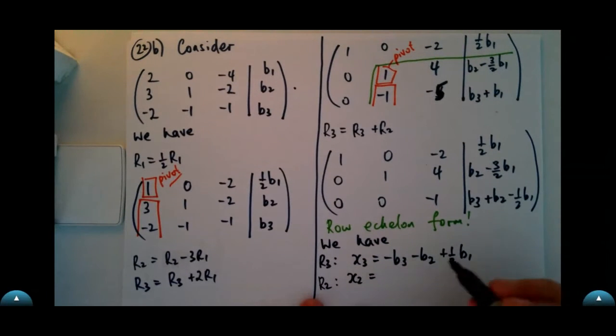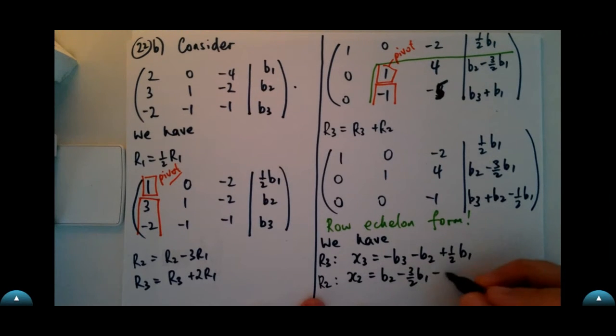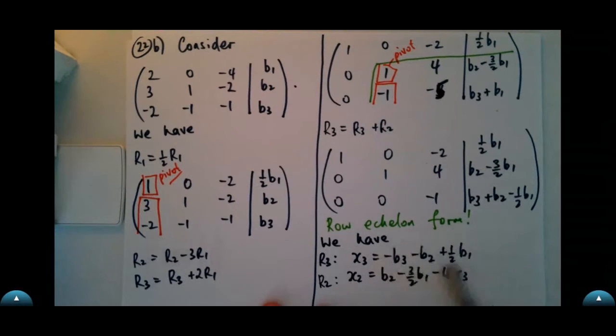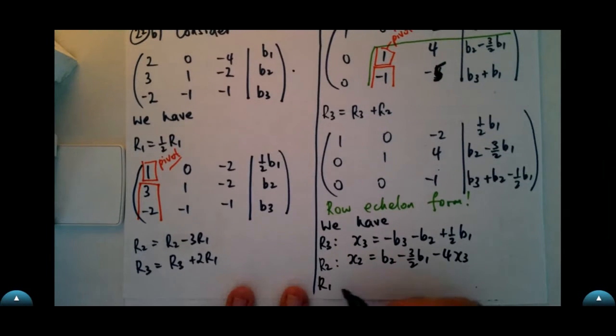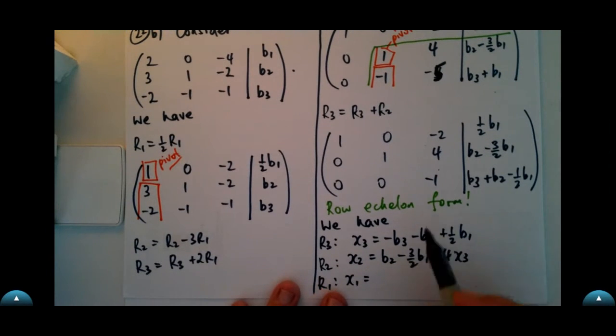So x2 will equal, to work this out, you just take that and put it in there and simplify. And then row 1 says x1 equals this plus 2x3.